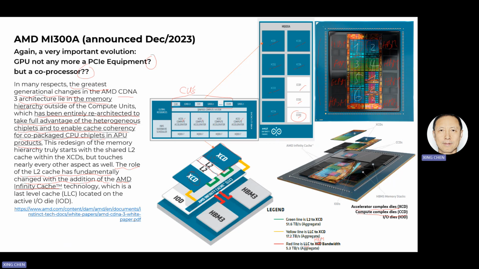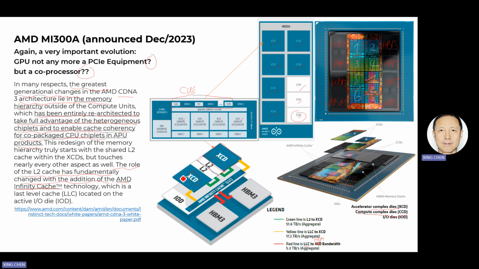For this particular product, in the past, it has always been connected to the CCD and the XCD. It has never been put on the other side of the network.